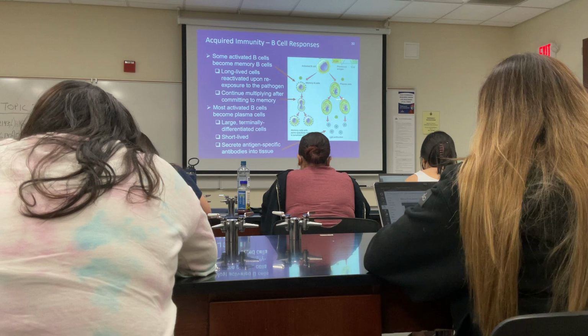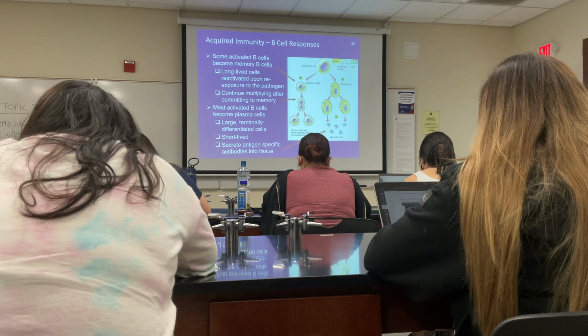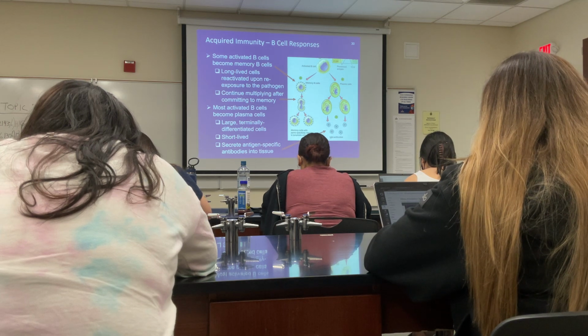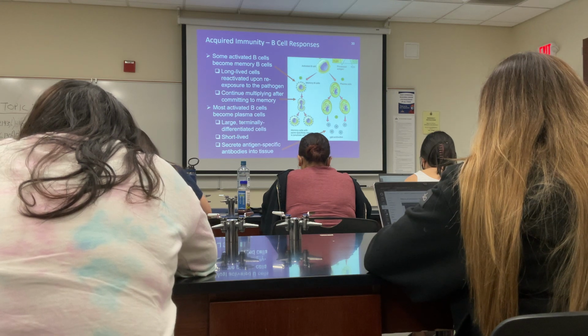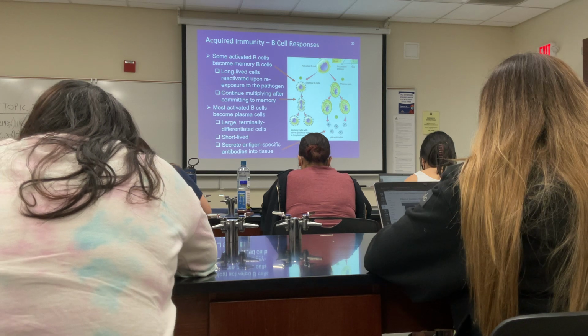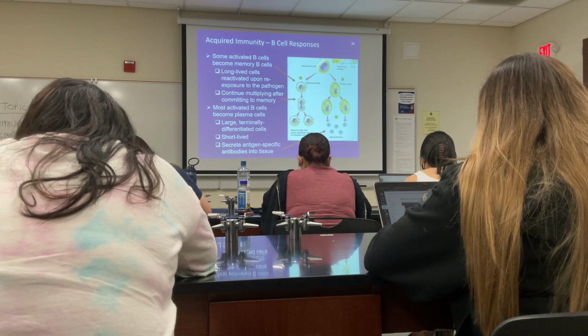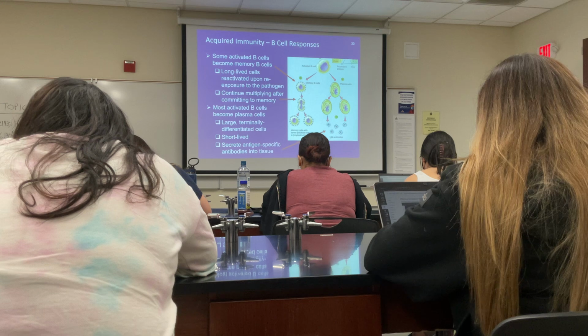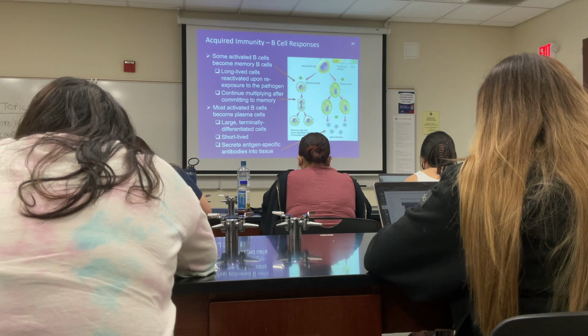So if this got activated against E. coli, all it's doing is spitting out E. coli specific antibodies. And often they never leave the secondary tissue. So they might be hanging out in the lymph nodes, like under your armpits, in your groin, under your neck. That's where they'll hang out.